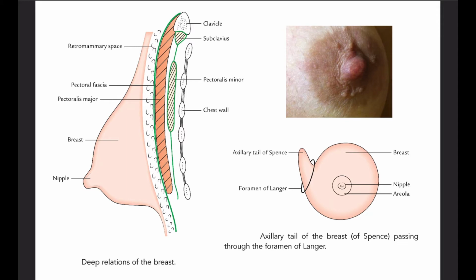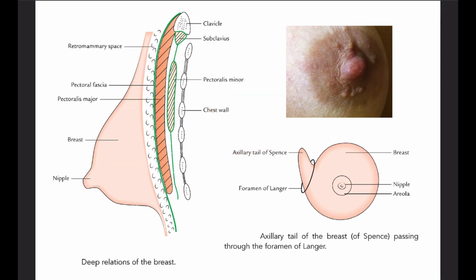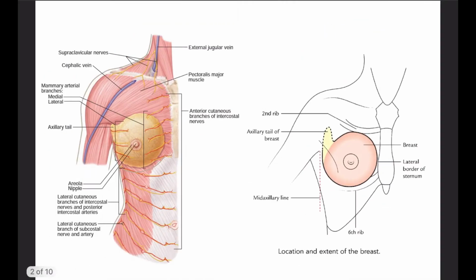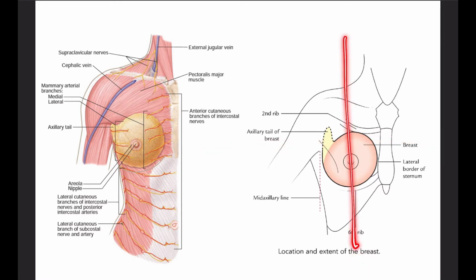So the breast is a hemispherical bulge. So this is vertical, horizontal. Vertically, the breast extends from the second rib to the sixth rib.